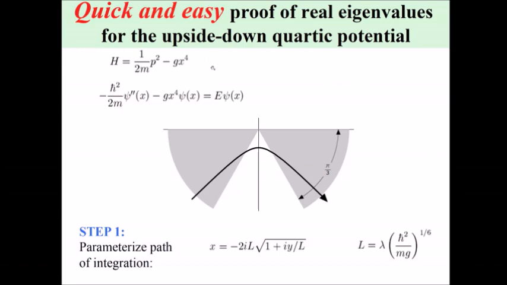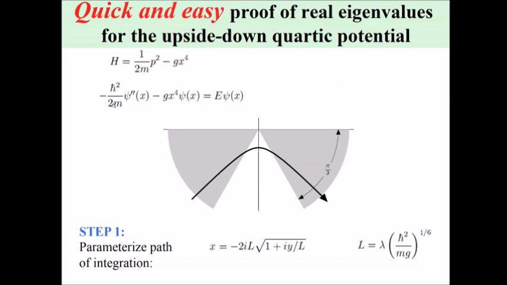Okay, so are you ready? I'm not going to show you just a classical proof, I'm going to talk about the quantum system. I'm going to show you that this quantum Hamiltonian has eigenvalues that are real and positive. Okay, even though this is an upside down potential.